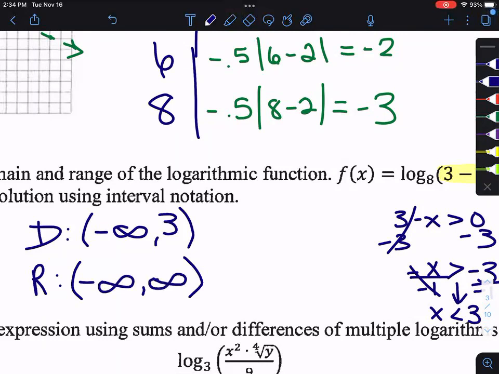Also be warned that on these multiple choice questions, they're going to switch them. They're going to give you the domain as the range and the range as the domain, and they might be correct just in the wrong spots. So be mindful of that as well. So the range is the one that's always all real numbers, negative infinity to positive infinity.